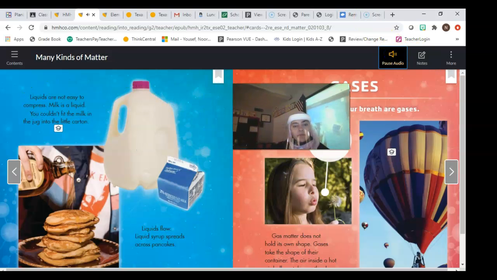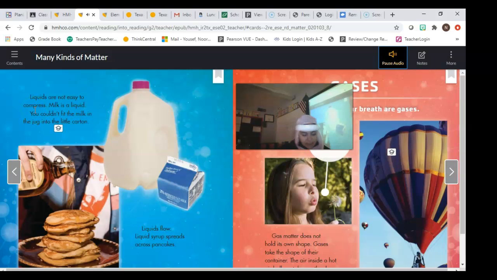Liquids are not easy to compress. Milk is a liquid. You couldn't fit the milk in the jug into the little carton. Liquids flow. Liquid syrup spreads across pancakes. Okay, I'm going to stop right there real fast. All right. Why couldn't you fit the milk from the jug into the little carton? Why can't you fit the milk in the jug into the little carton, Jasmine?